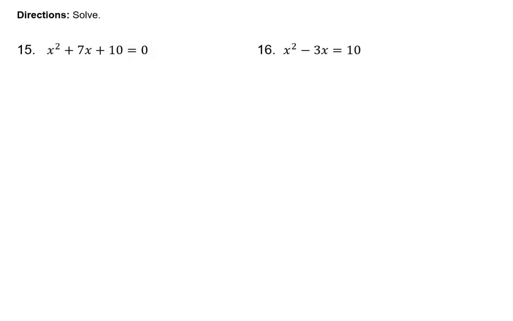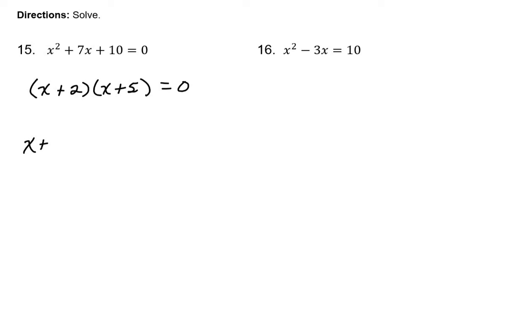Now what I want to do is to factor this. This is a simple trinomial. It's going to factor into x plus 2 times x plus 5. So here I have two things that are being multiplied and I get 0 for the answer. The only way that I can multiply two things together and get 0 for an answer is if one of these is 0.